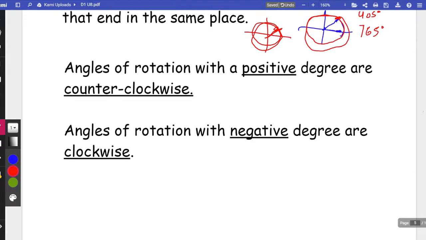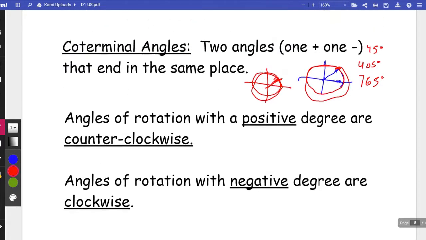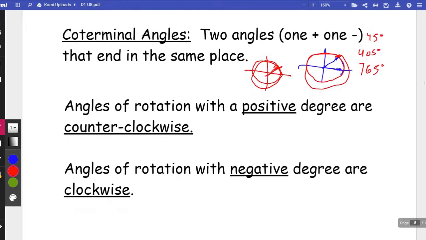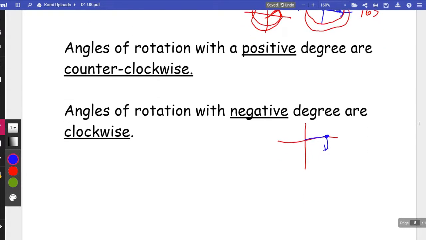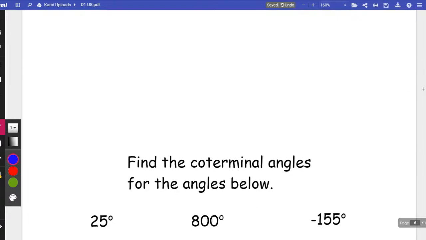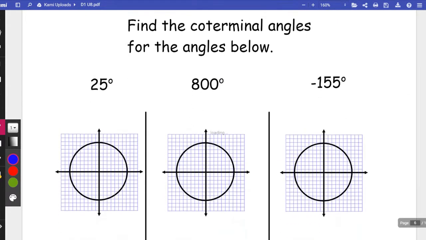We also know that angles of rotation, we've learned that if it's with a positive degree measurement, they are counterclockwise, meaning we start at the initial side and we go up. Negative degree measurements, we start at the initial side and we go down to wherever. We go clockwise in this case. There's one more thing we need to talk about, but we can practice this quick.